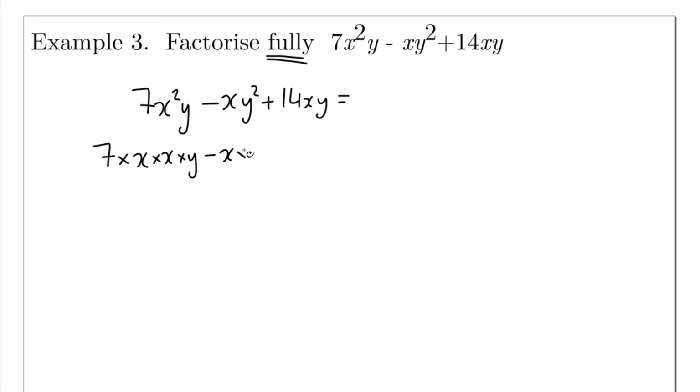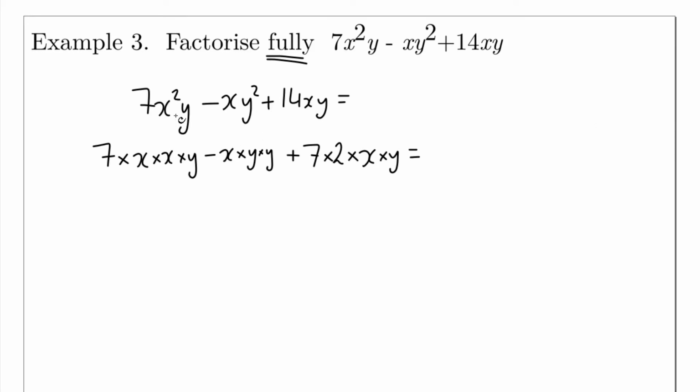Minus x times y times y. The x stays as x. y squared breaks down into y times y. Finally, we have 14 here, which breaks down into 7 times 2 multiplied by x multiplied by y.